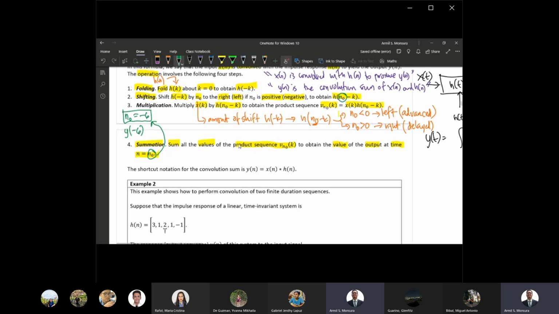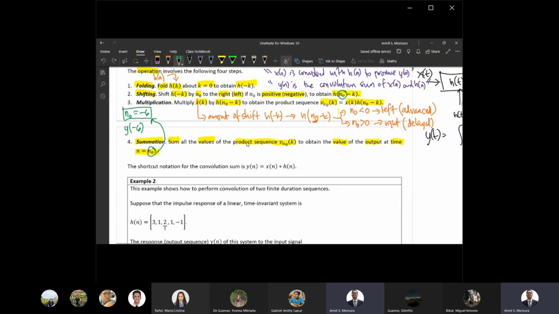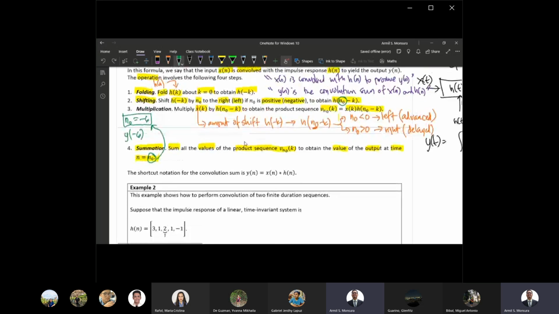So that's the algorithm involved in the implementation of your convolution sum. If you think about this from the algorithm standpoint, it might sometimes be confusing, and you might be perplexed whether you will implement this in MATLAB. Well, the good thing is that this is already implemented in MATLAB.